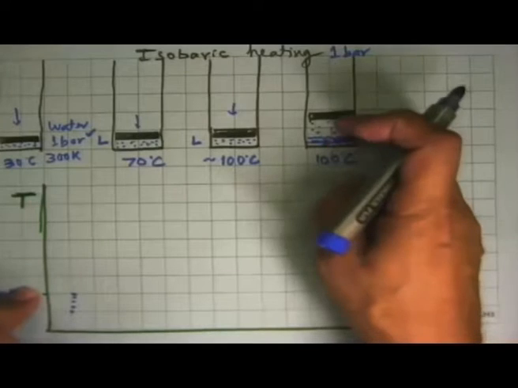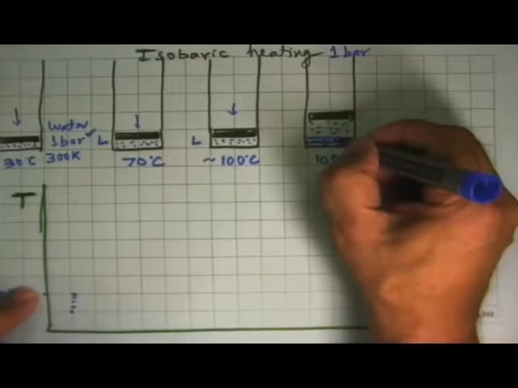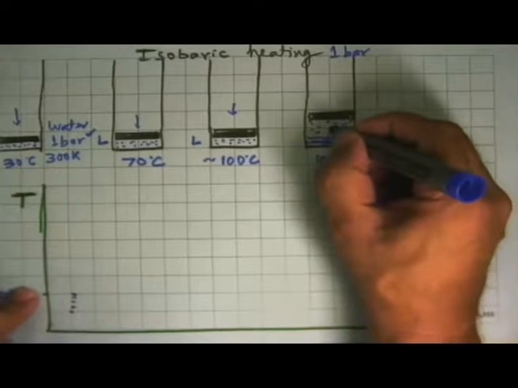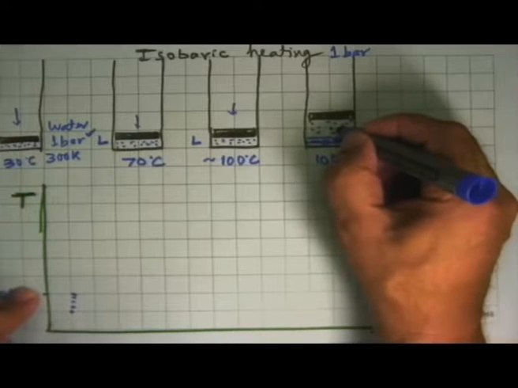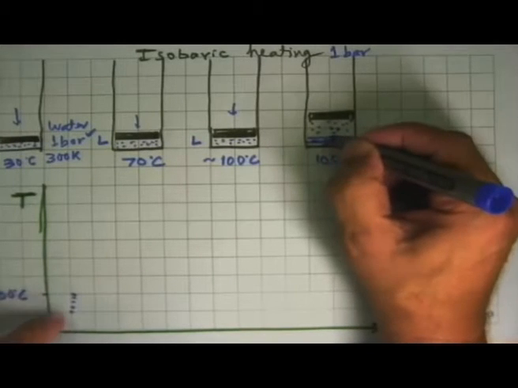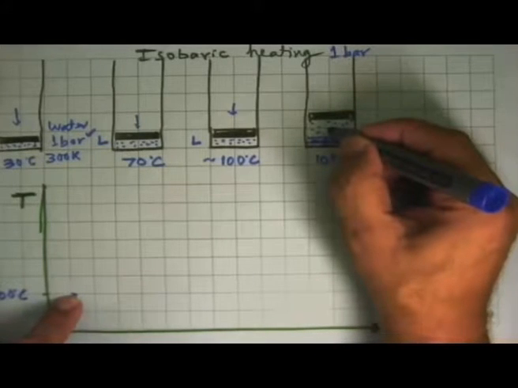It converted some of the liquid into vapor phase. Liquid is at 100 degrees Celsius, vapor is at 100 degrees Celsius, this is at 1 bar, this is at 1 bar, but the specific volume of the liquid is this small, the specific volume of this is much larger.